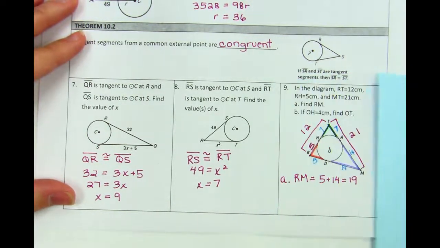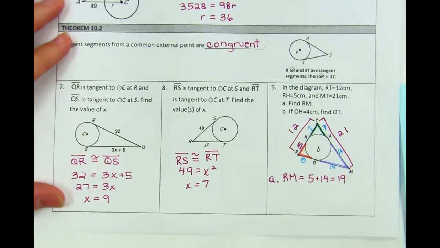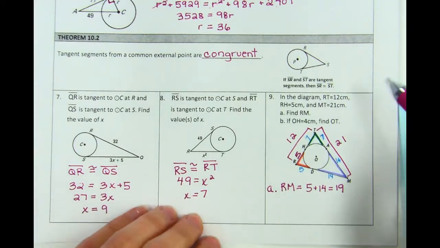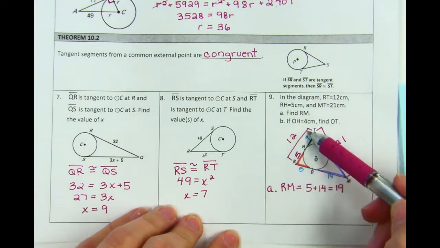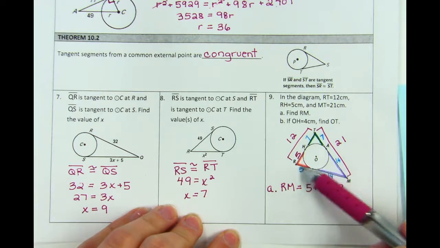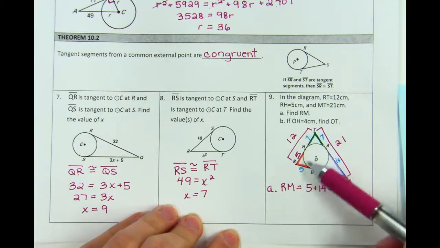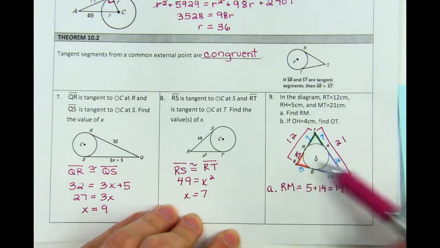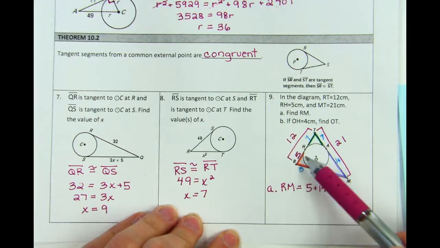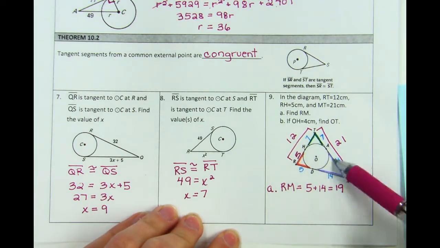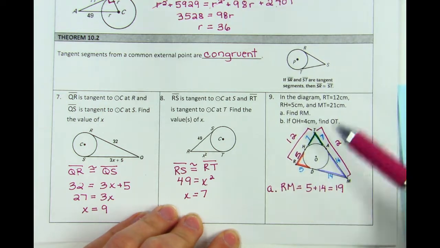Okay, so number 9, I've done part A, I'll show you part B. So for part A, here's 12, this part's 5, this part's 21. I've shown in colors, these are all tangents that meet at common external points. So this orange part's equal to that orange part, the green's equal to the green, and the purple's equal to the purple.